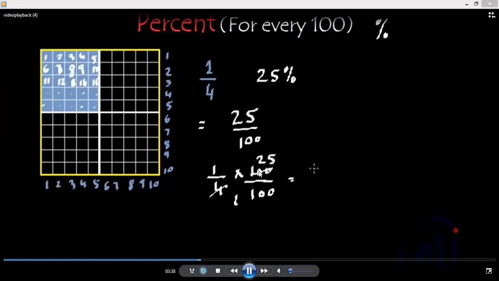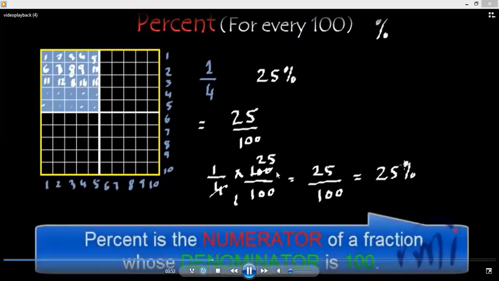The first 100 is the short one, and the second is for the simplification. So it will be 25 over 100. Then once you have a fraction and you want to change it into percent, you can multiply by 100 over 100. Then the percent is the numerator of a fraction whose denominator is 100.